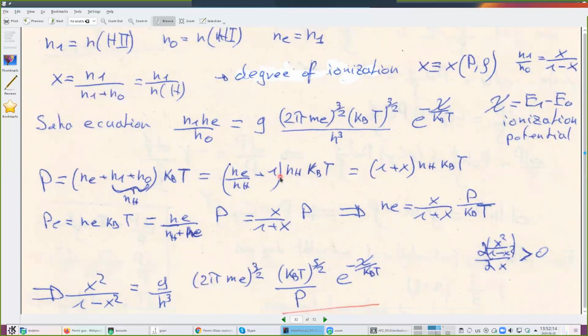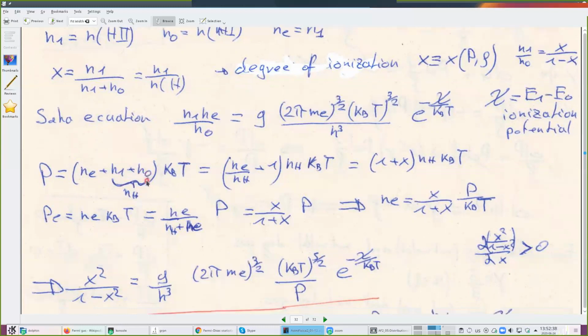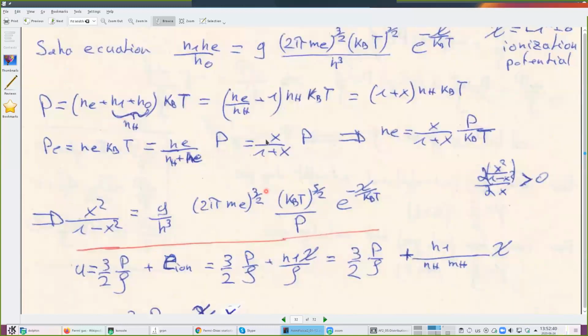We can calculate everything, considering the several parts, because we have the electron, the hydrogen atom, and the hydrogen nuclei. This is the nuclei, ionized 1 time, and 0 on the ground level, that is the neutral atom. So we have the particles and all the considerations in this thermal formula.